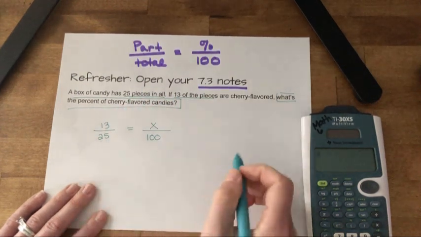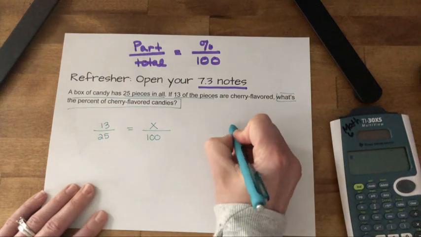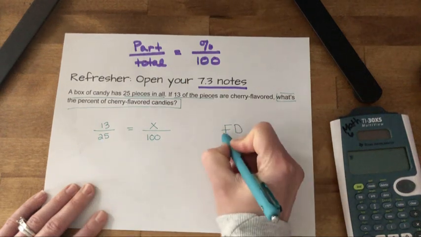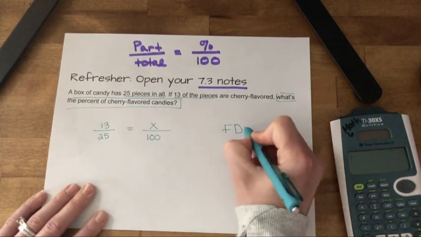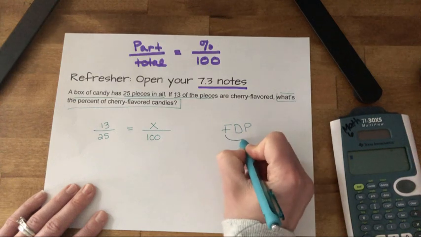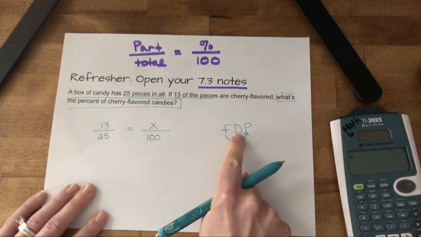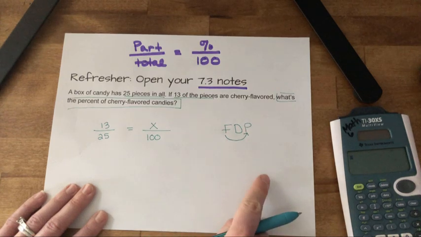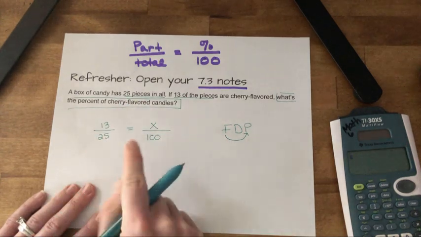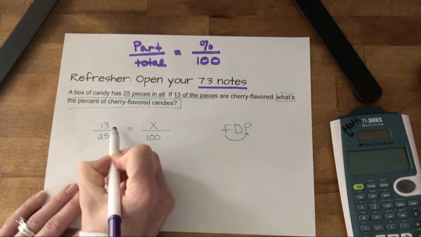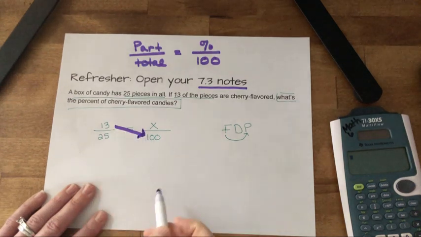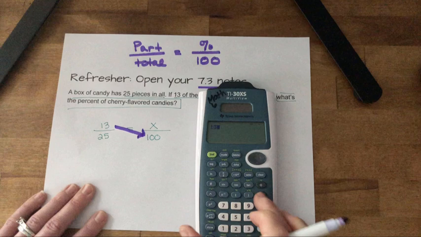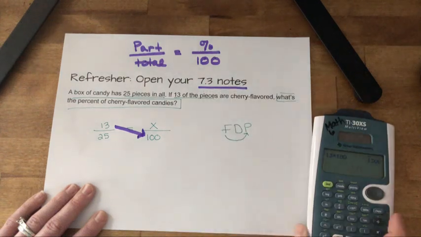Again, when we did this lesson, we talked about when we have to find the percent, we can use our acronym, free Dr. Pepper. We can take the fraction to a percent by first changing it to a decimal and then to a percent. I'm going to show you both ways. When we have our proportion set up, we can use our cross products. So 13 times 100, that's going to give me 1,300.